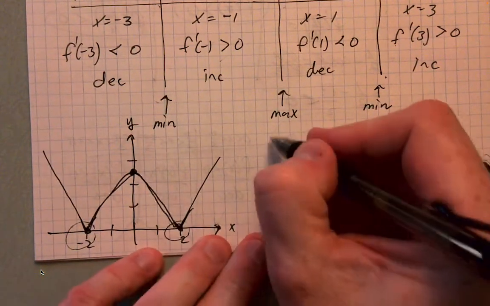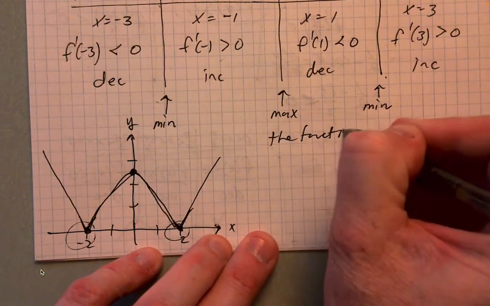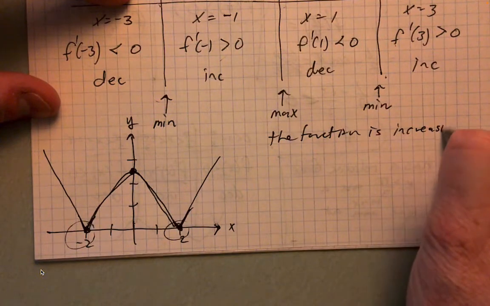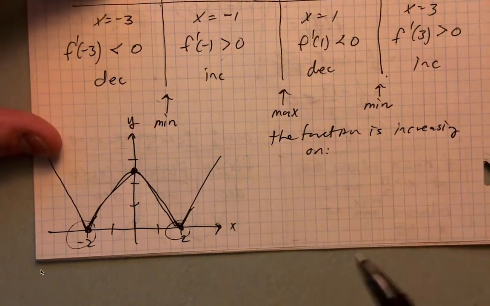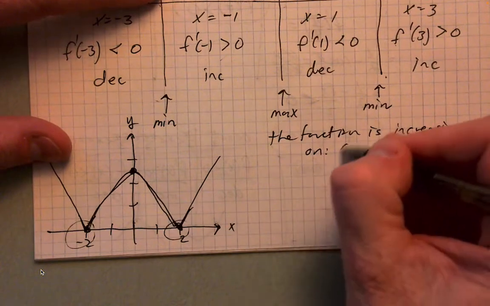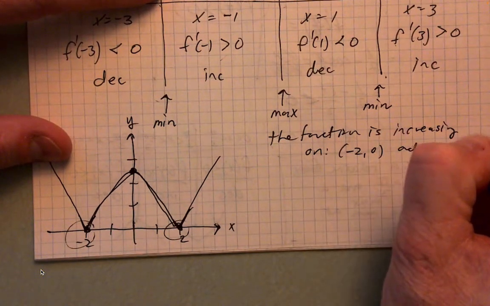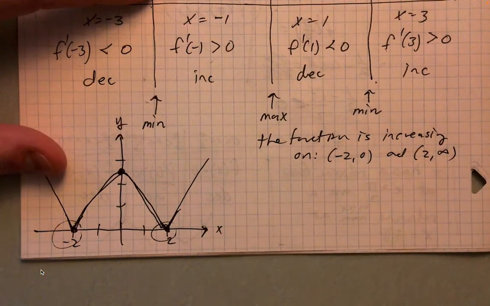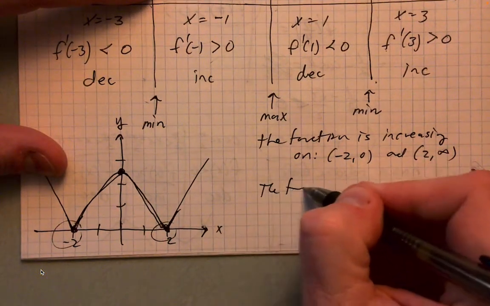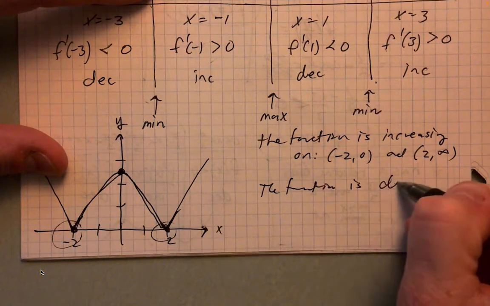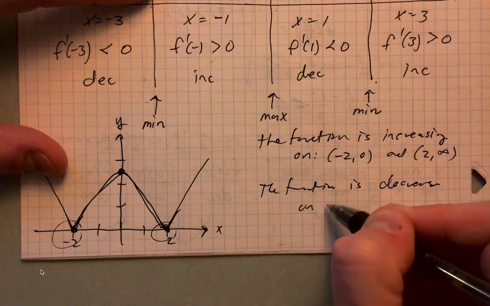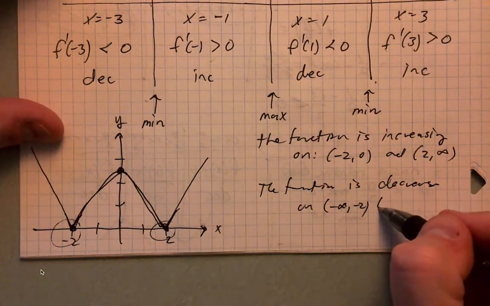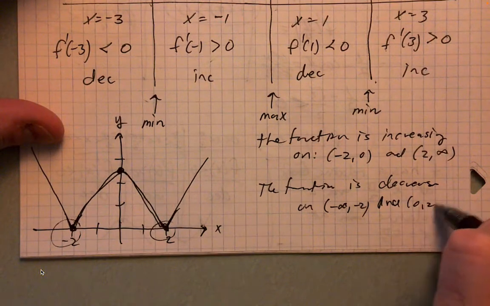Okay, and so the function is increasing on the intervals -2 to 0 and 2 to infinity. And the function is decreasing on -infinity to -2 and on 0 up to 2.